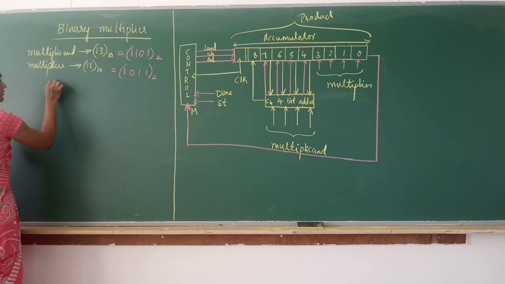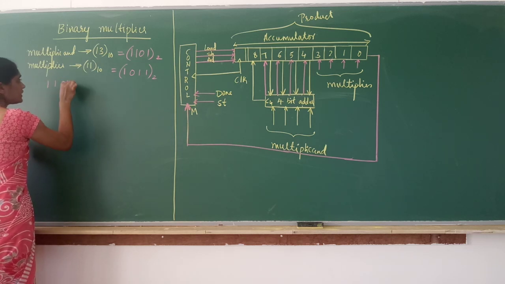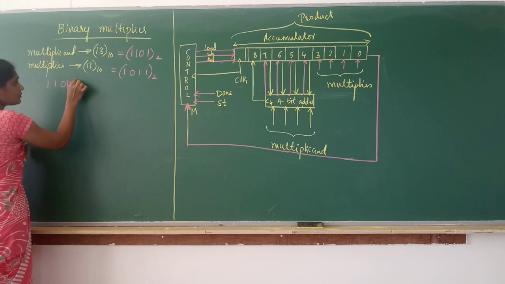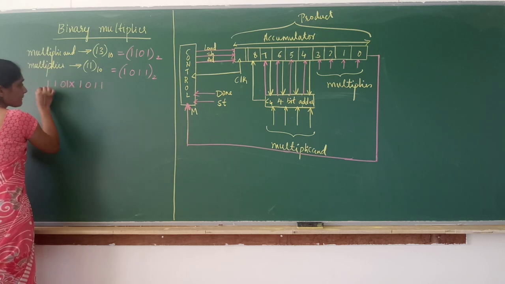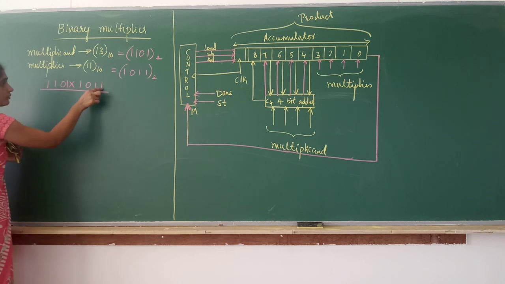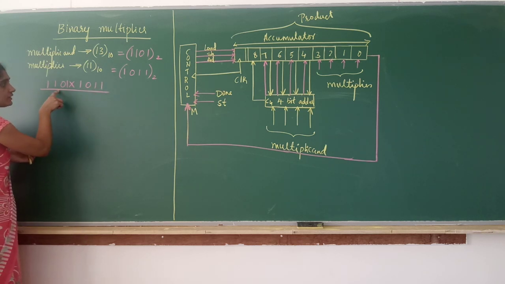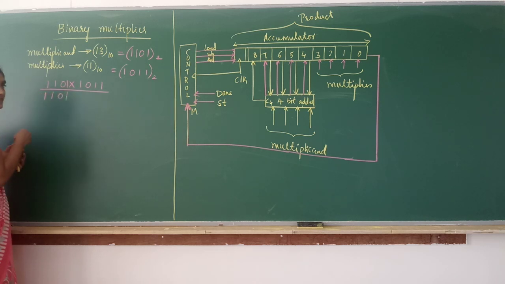So 13, the multiplicand, will be multiplied with the multiplier, which is 1011. Each bit of the multiplier will be multiplied with the multiplicand. Each bit of 11 will be multiplied with 13. So 1 into 13 is 1101.